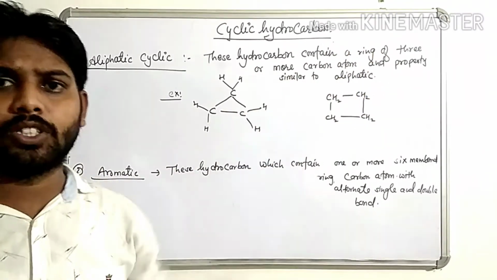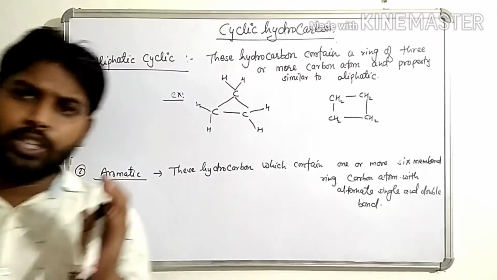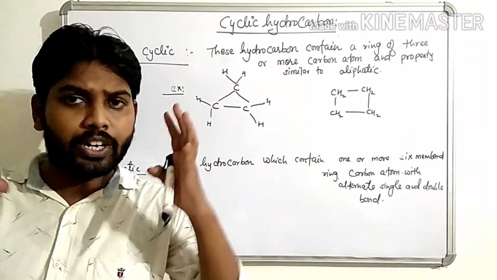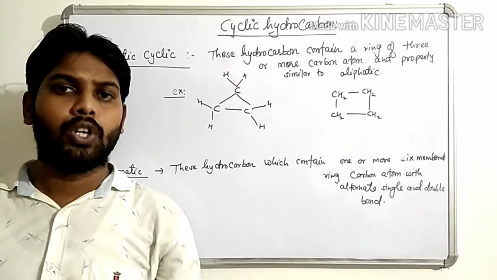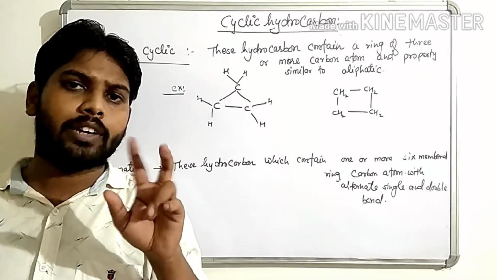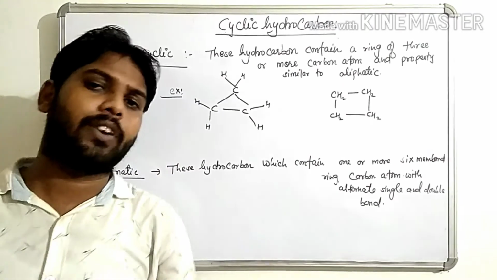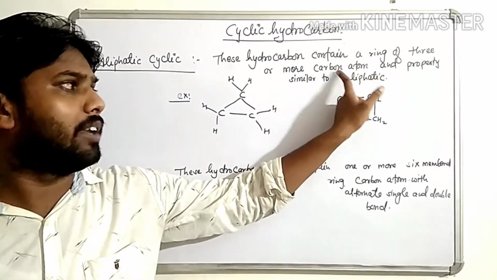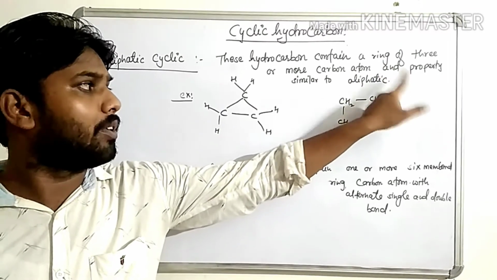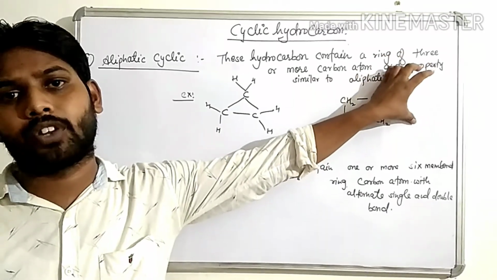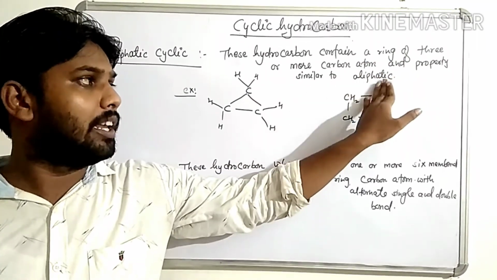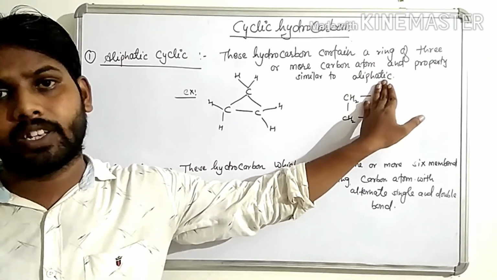Ring means only 3, 4, 5, 6, 7 carbon atoms can form a ring type of structure. 2 atoms of carbon can never form a ring type of structure. So children, there it is written 3 or more carbon atoms form a ring type of structure and whose property is similar to aliphatic. Clear children?